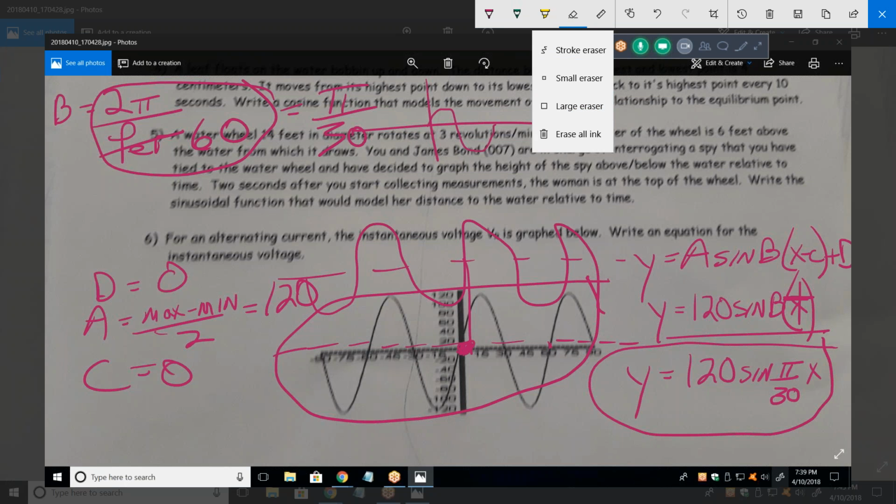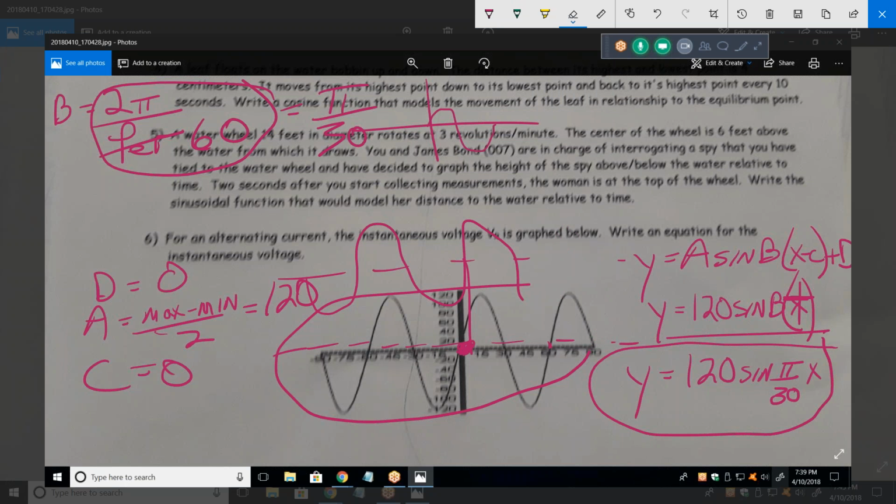So you can frequently look at a graph and know exactly what D is. It's 0 here. You can measure the period. Once you measure the period, you know what B is. B is in boy. A, pretty simple. Maximum minus minimum divided by 2.